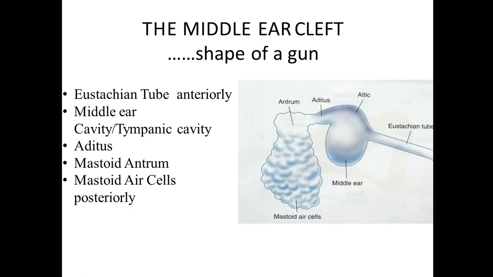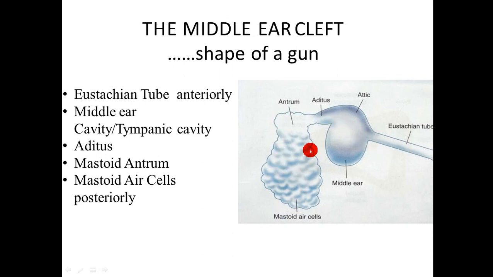The middle ear is a cleft which is in the shape of a gun. You can see this diagram, how it looks. This part is the middle ear, and this is the eustachian tube which is connected to the nasopharynx.